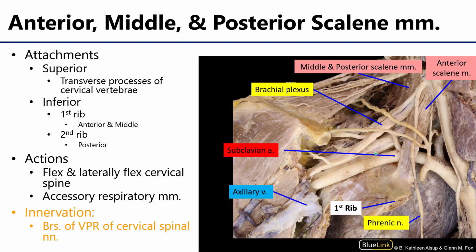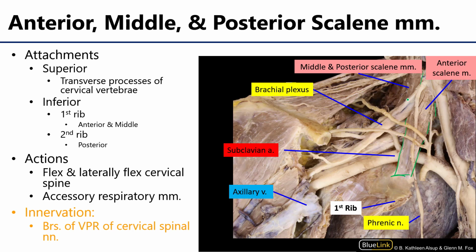The anterior scalene muscle is very important in terms of an anatomical landmark in the root of the neck, and we can outline that muscle here going down. It's going from the transverse processes of cervical vertebrae down to the scalene tubercle of the first rib.